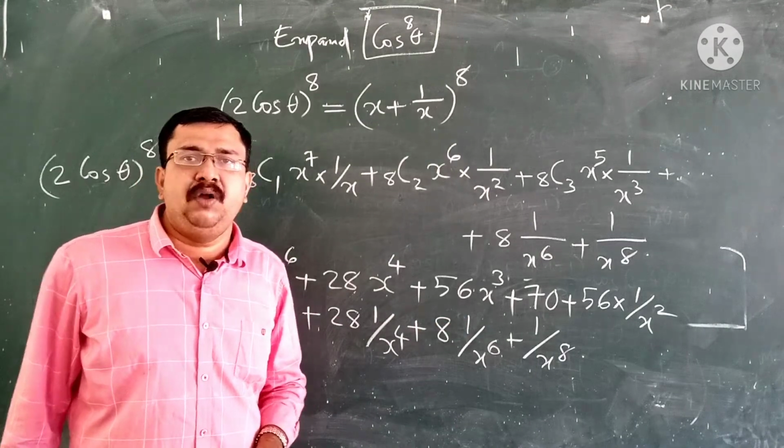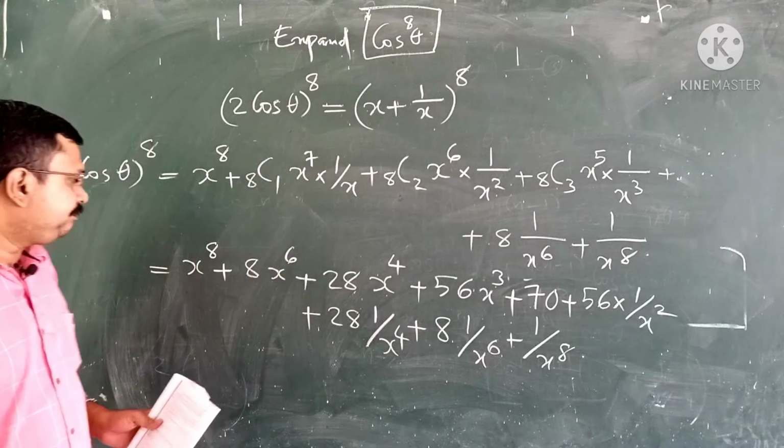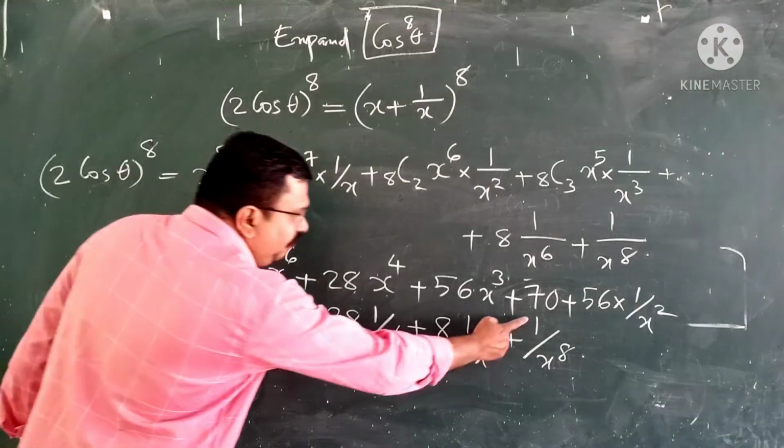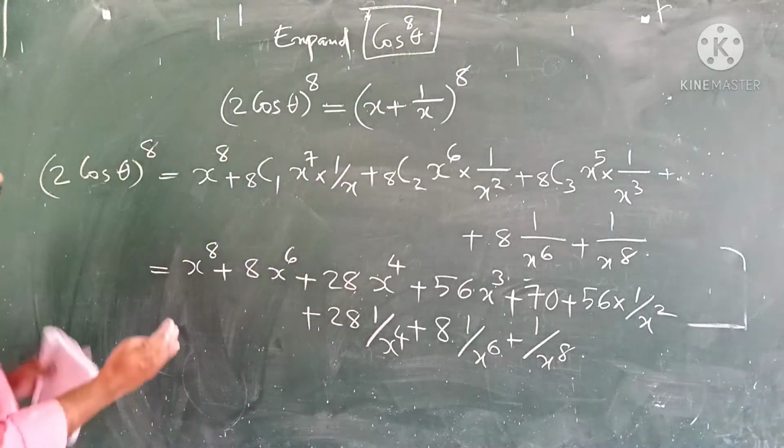Now we can write x raised to 8 and 1 by x raised to 8 as one term.